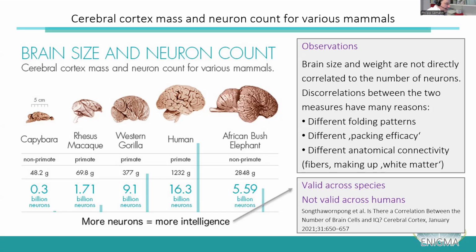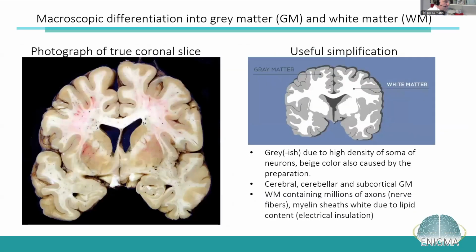So yes, across species, we could say that more neurons correlate with intelligence, but within the human species, this is much more complex. So if you're interested in this interesting question, is there a correlation between the number of brain cells and IQ? I refer you to this very interesting paper.